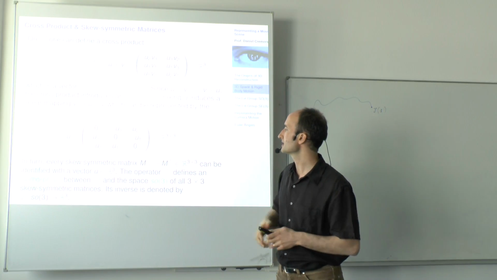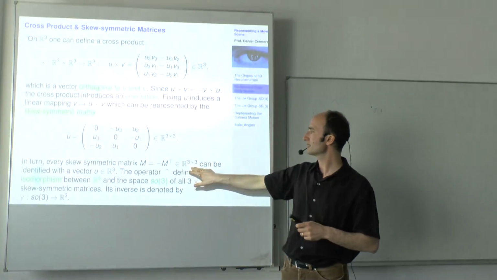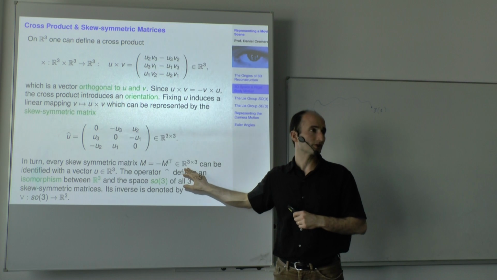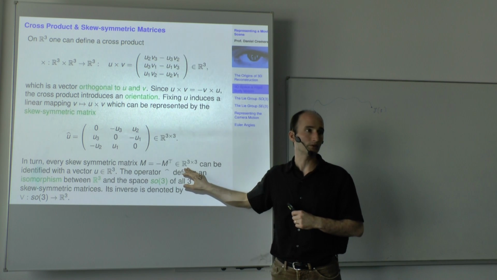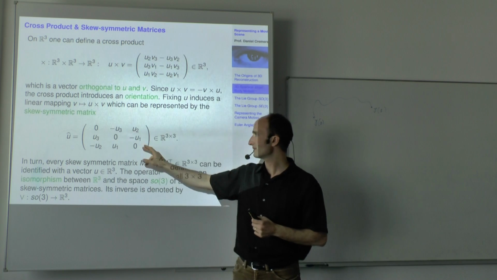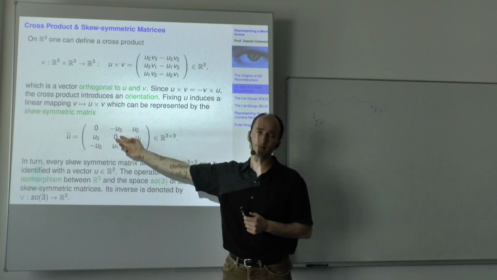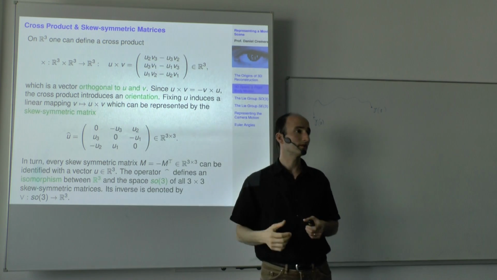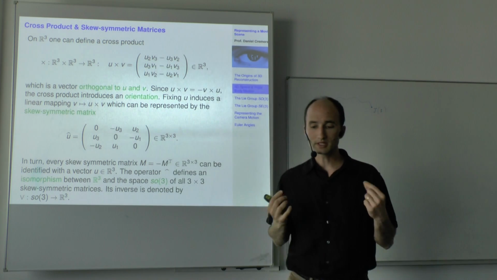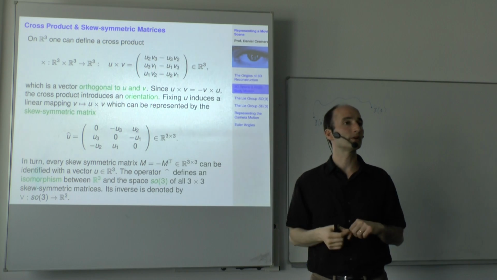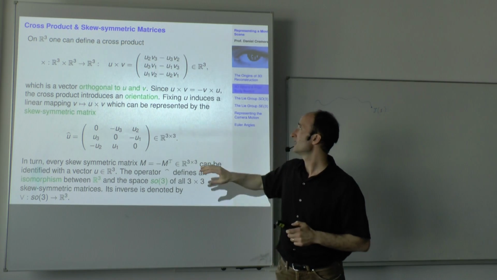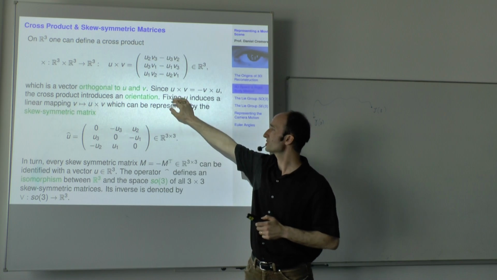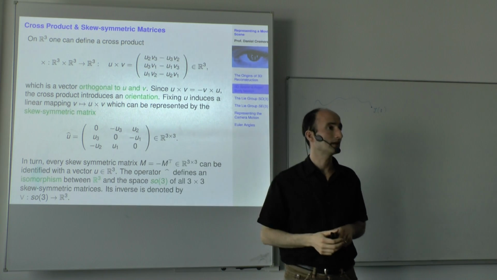In turn, obviously, every skew-symmetric matrix in the 3×3 matrices corresponds to the cross product with some vector u. It's obvious because if I take any skew-symmetric matrix, it must have this form, and then I can read off the three components of the vector u. So obviously, there is a one-to-one correspondence between vectors in R3 that I use for a cross product and these skew-symmetric matrices.